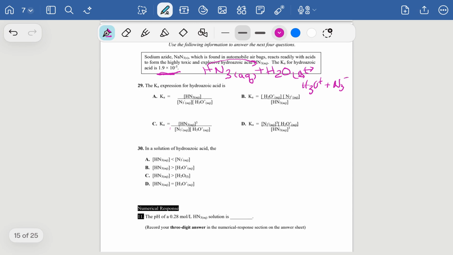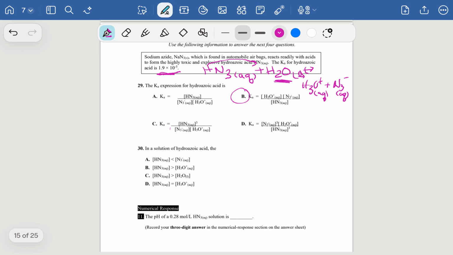Now with the water there, everything is balanced, but when you do put it into your equilibrium expression, and these two would be aq, we would not include the liquid water because we don't include pure liquids in the expression, and then you do products over reactants, and I believe that makes your answer B.